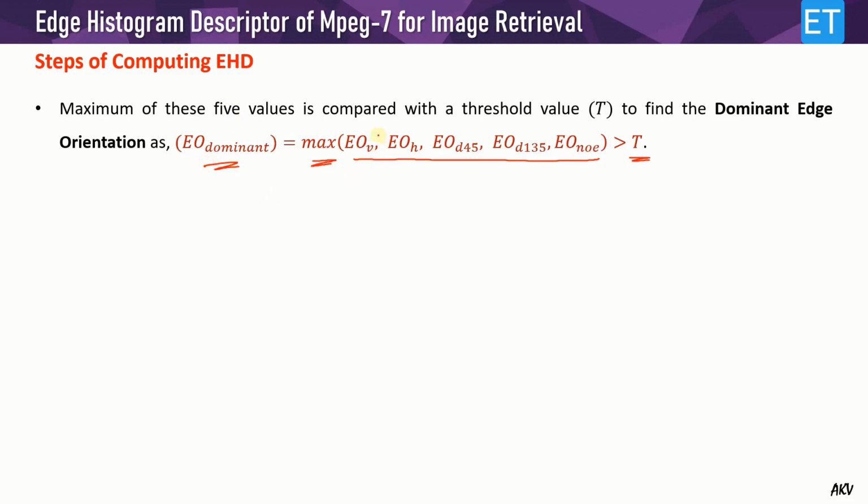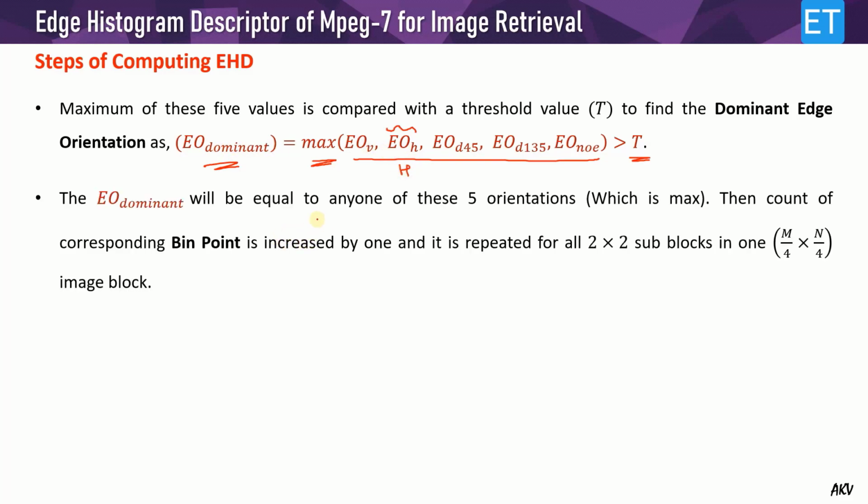For example, let's say EOH is the maximum and it is also greater than the threshold. Then we say that the particular 2 by 2 pixel group has a dominant edge orientation of type horizontal. When we get the dominant edge orientation, we increase the corresponding bin count by 1.